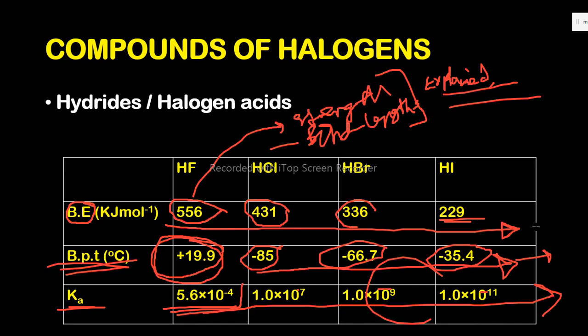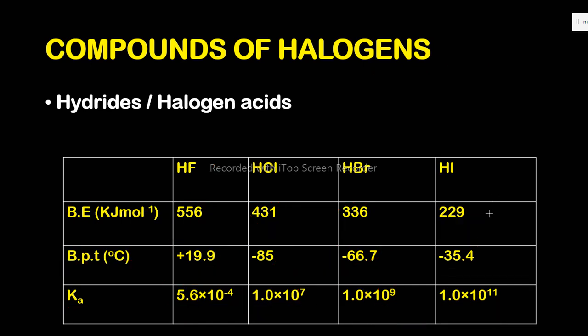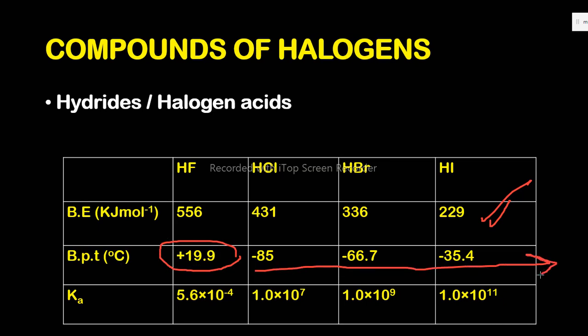So now, can I receive suggestions on who should go for bond dissociation energy? Quickly, because we have discussed all this. Why is the bond dissociation energy decreasing down the group? Why does this one have an abnormally high boiling point, whereas for the rest the boiling point increases down the group?